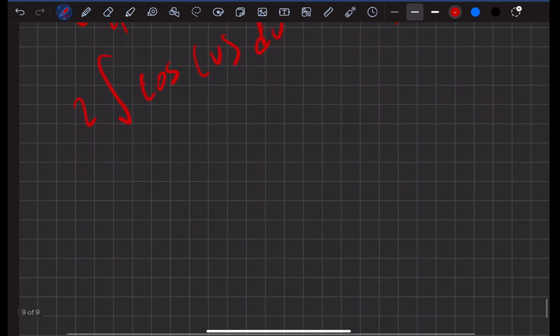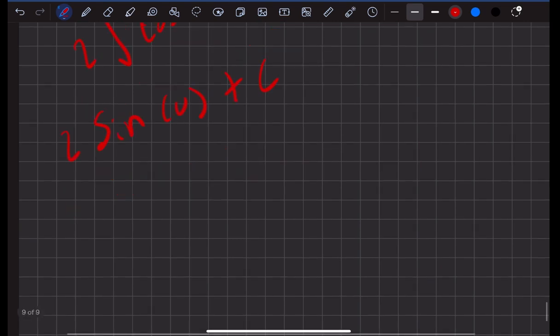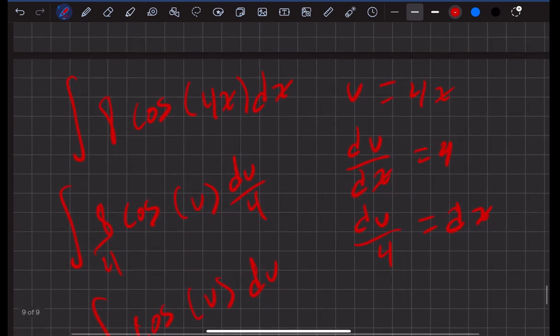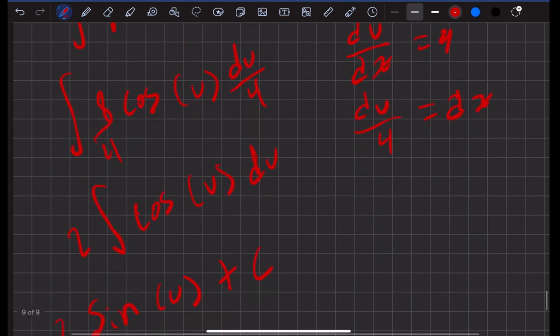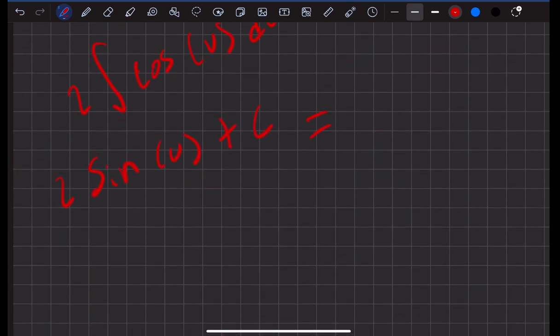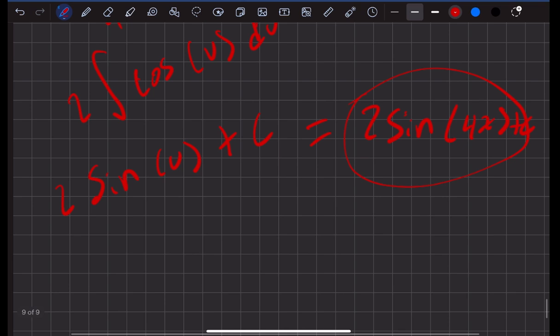And from here, we just find the antiderivative of cosine, so sine u. We still have the 2, so we'll put that back on the end. And we don't need the du anymore, but we'll need to put that constant of c. And all we have to do is put back in our x into u, since there's nothing else we can do. And then that'll equal 2 sine 4x plus c. And that's going to be our final integrated equation.